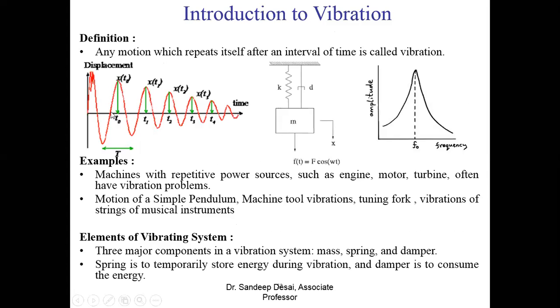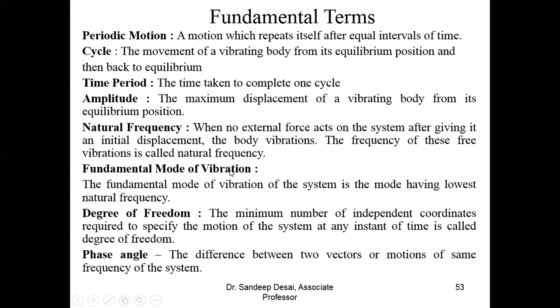It starts from here, half cycle is completed here, it comes back to its equilibrium position. Now here again the next cycle starts from here and ends here. So this is called one cycle. So what is cycle? Movement of a vibrating body from equilibrium position and then back to equilibrium.